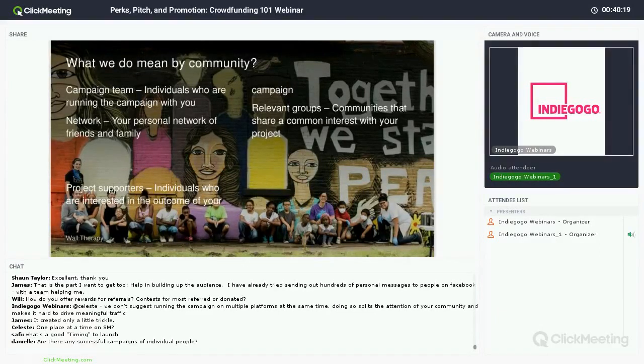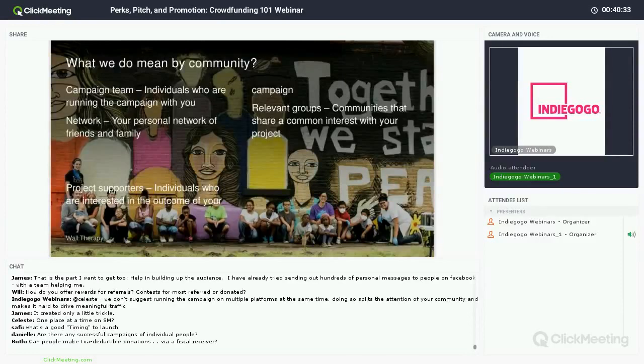And the important thing to remember about each group is that you're going to be reaching out to them differently. So your campaign team, obviously, these are going to be people you see every single day. So that's going to be a pretty easy one. Your network, personal network of family and friends, those folks you want to be getting in touch with through personal emails and through personal messages on LinkedIn, for example, or Facebook, or wherever you know these people from.